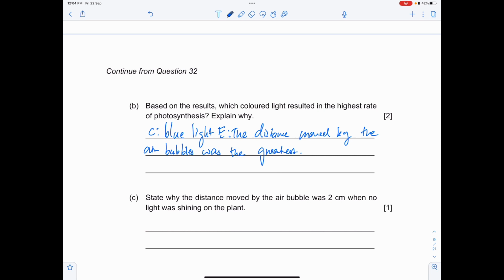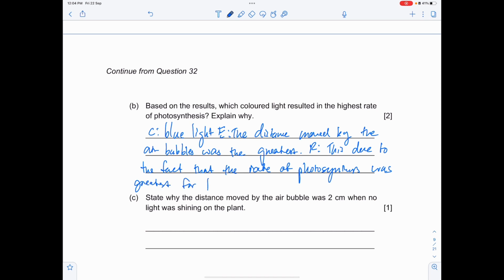The reason would be that the rate of photosynthesis was greatest for blue light, and hence the most amount of water was taken up for photosynthesis.